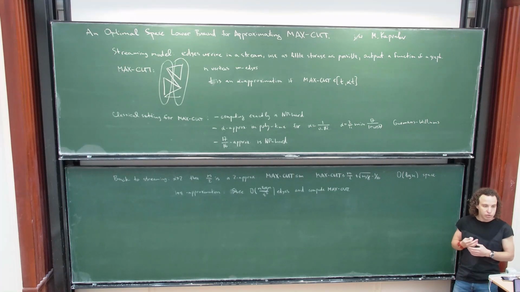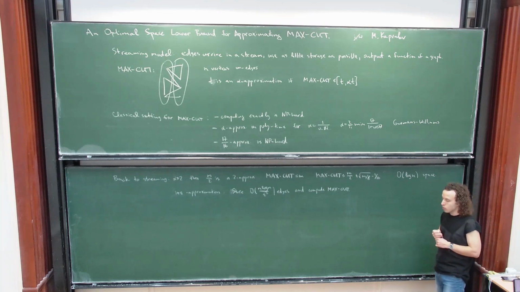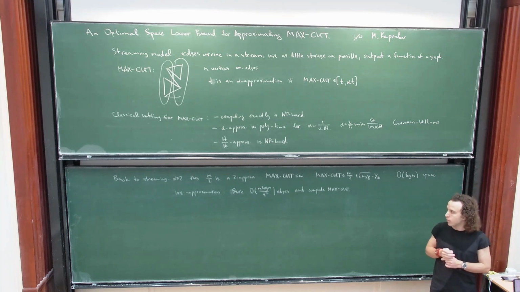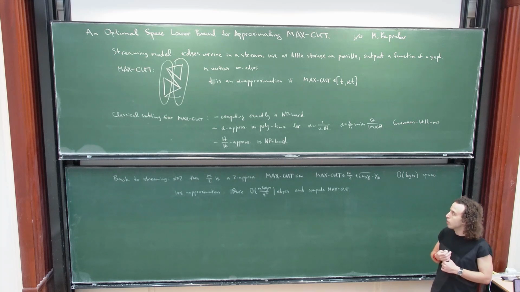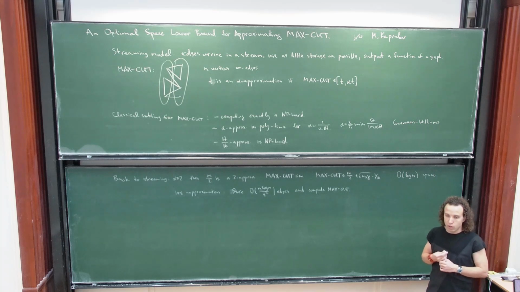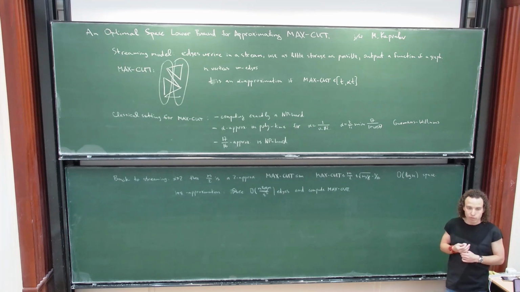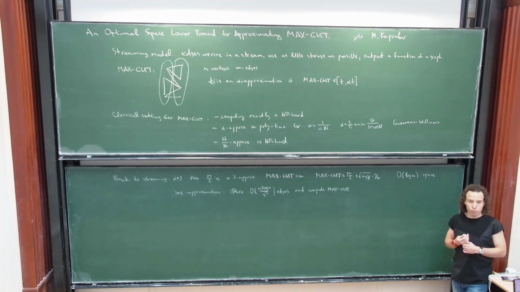This is just some concentration bound. Basically, every cut is going to be multiplied roughly by the density of edges. You can show that max cut is going to be also multiplied by that. So this means that even if the number of edges is much larger than the number of vertices, it's still always enough to have linear space in the number of vertices to get arbitrarily good approximation.